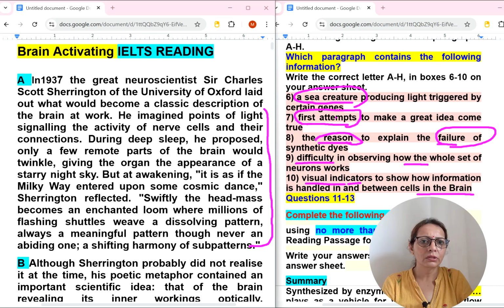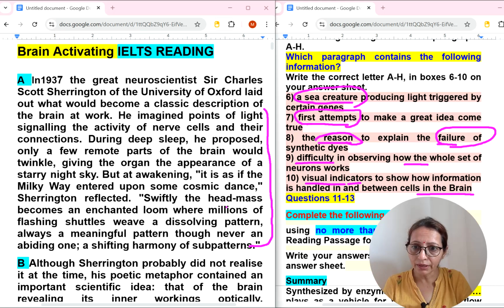Sea creature is not there, first attempt is not there. The reason to explain the failure of synthetic dyes is not explained. This is not difficulty in absorbing. No visual indicators to show how information is handled in and between cells in the brain. So brain is also not there, information is also not there. Let's move to paragraph B.